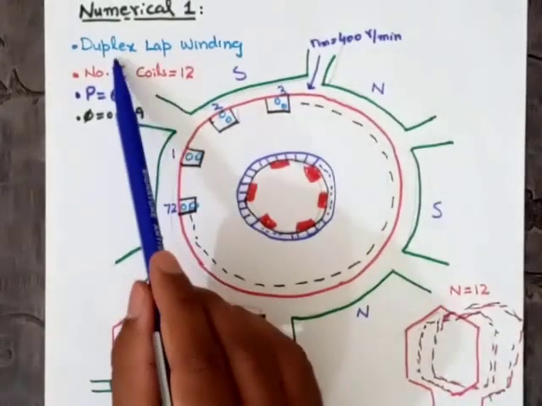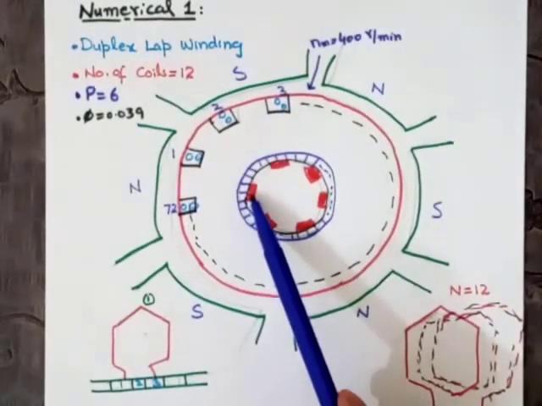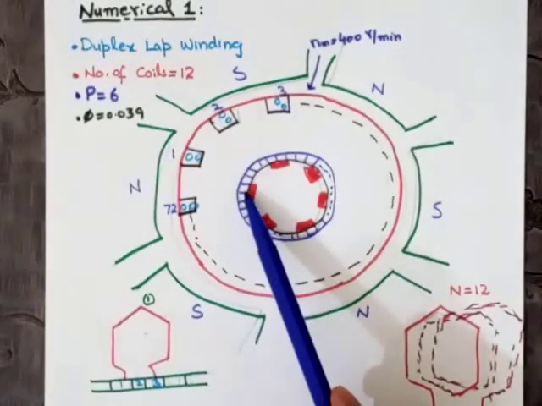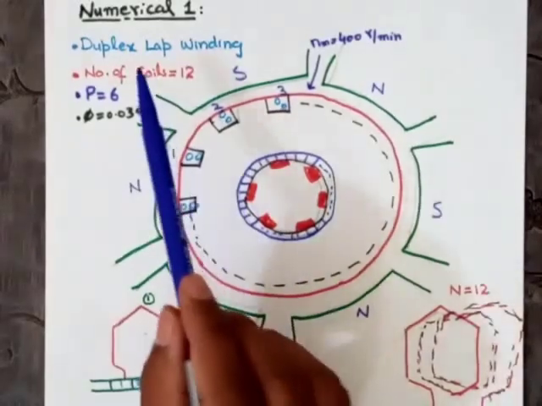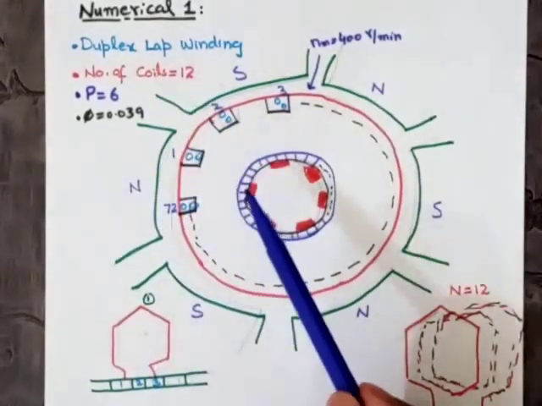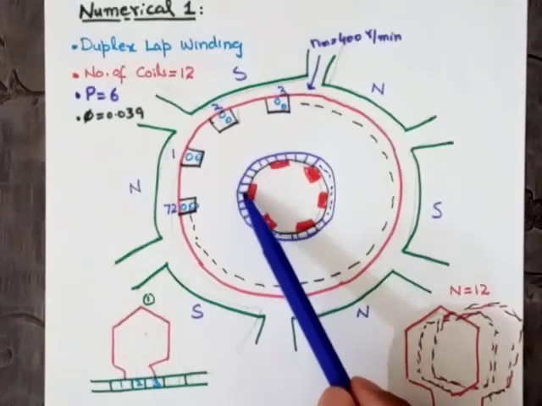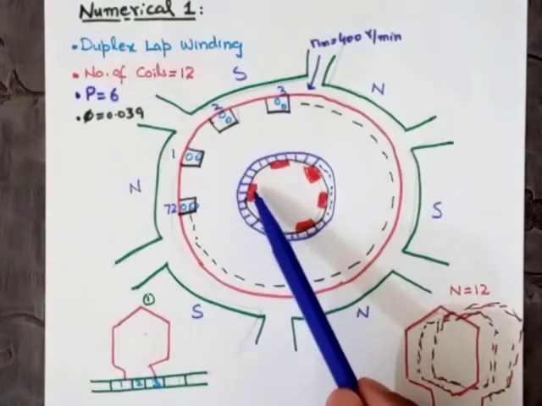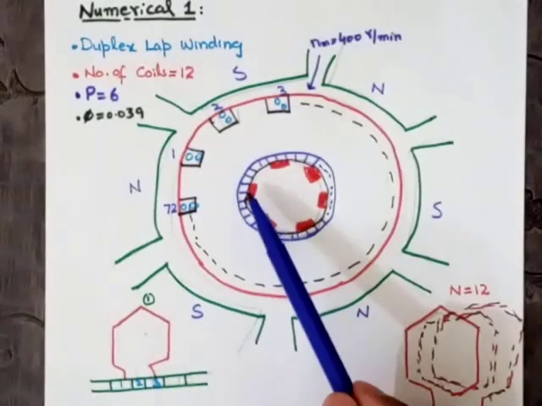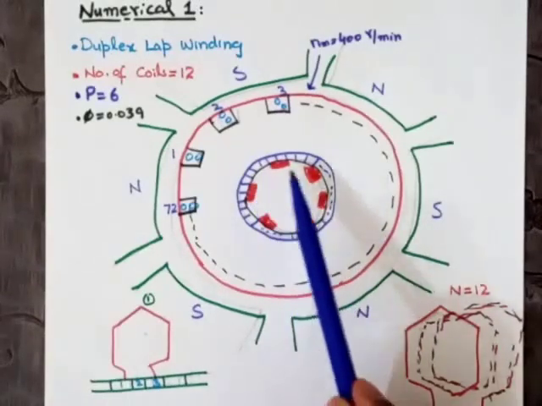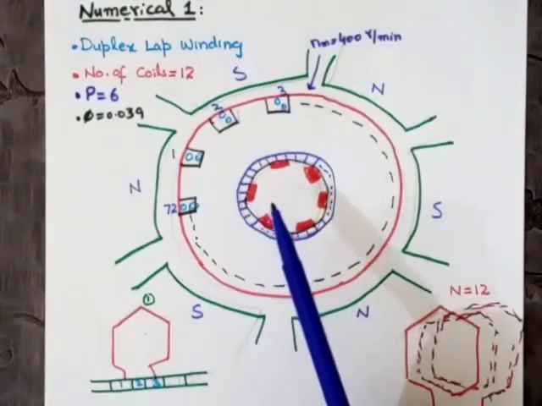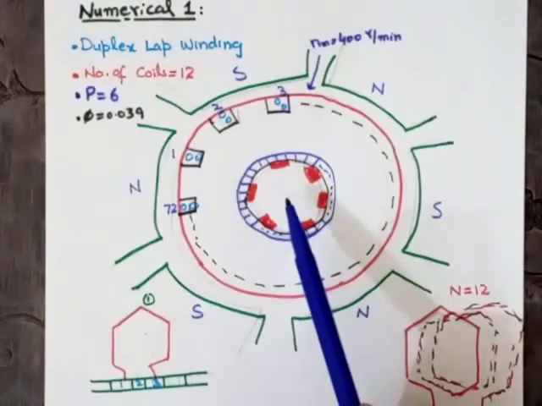In case of simplex, the width of the brush will be across a single commutator segment. And in case of duplex winding, the width of the brush will be across 2 commutator segments. Here the total number of brushes given in the numerical is 6.